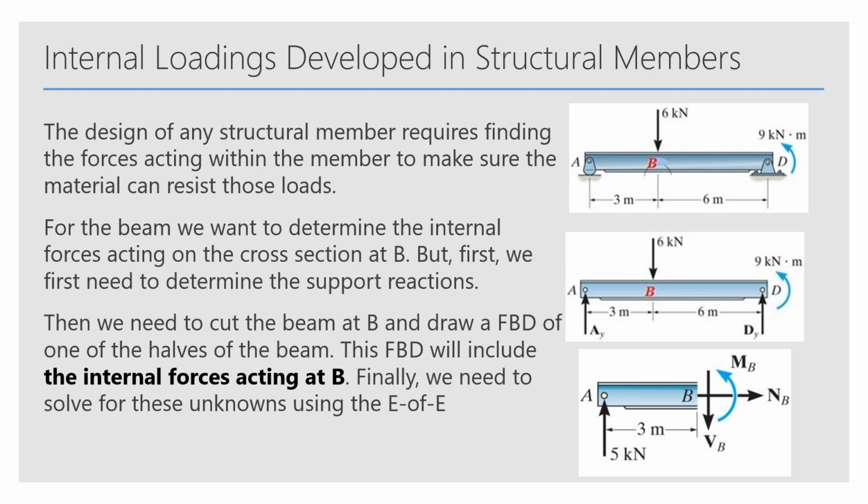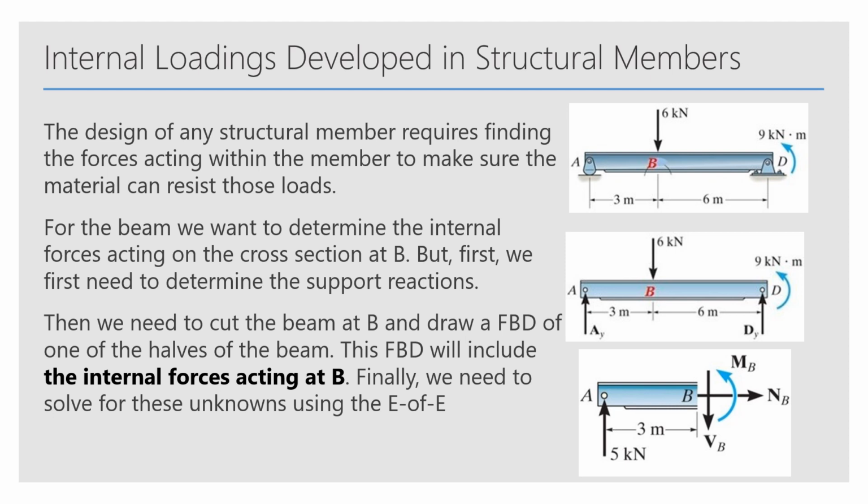So we want to determine the supports at point A and point D. Here, it is showing a vertical component of Dy and Ay, as well as a horizontal component of Dx with a moment.